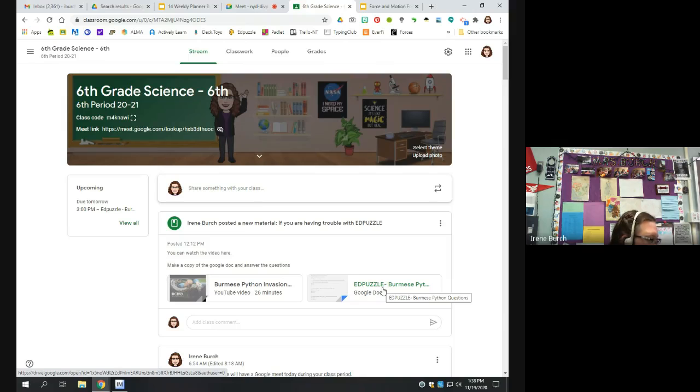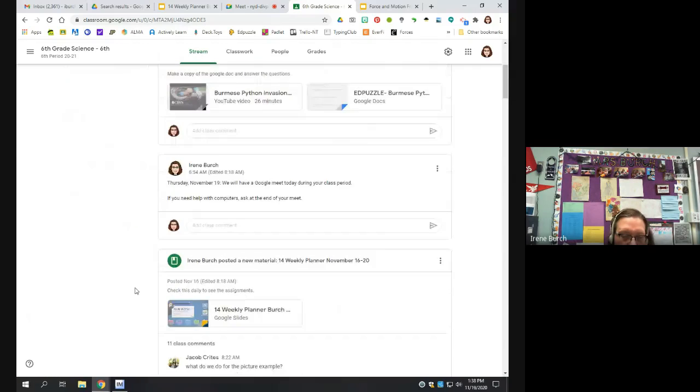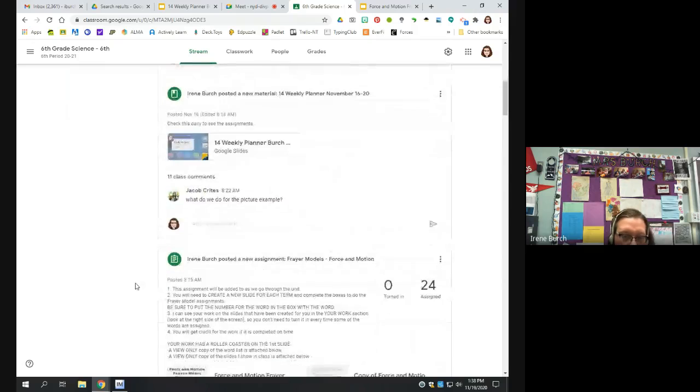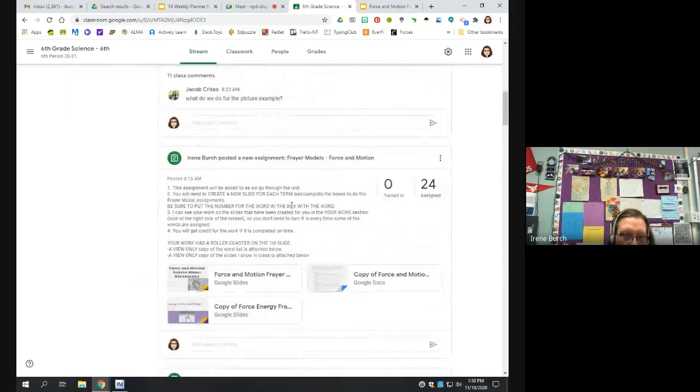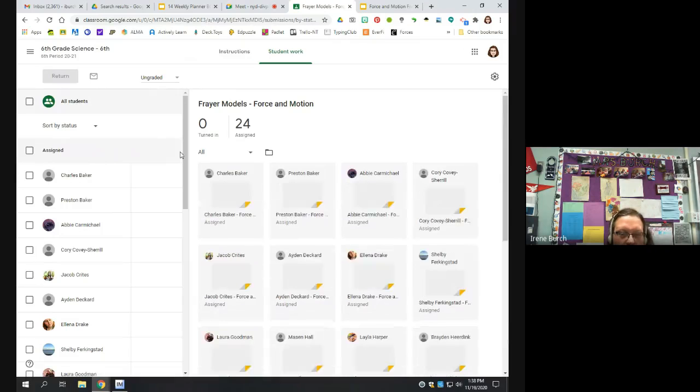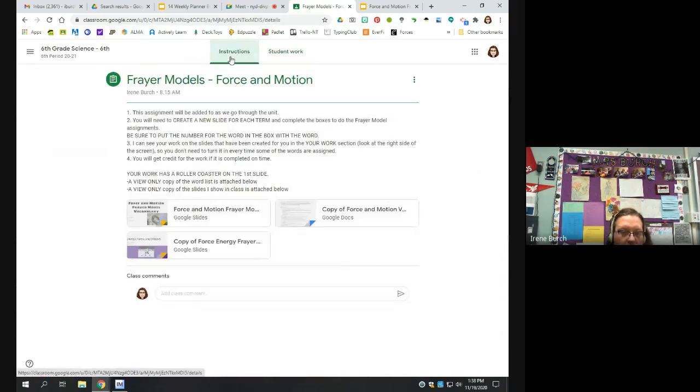You'll have to make a copy of it, and you can just share that with me so I can see that you have that done. So scroll down and you'll see the Frayer model assignment. You'll need to click on the green clipboard to open it to see the instructions. So I'll give everybody a minute to get to there.